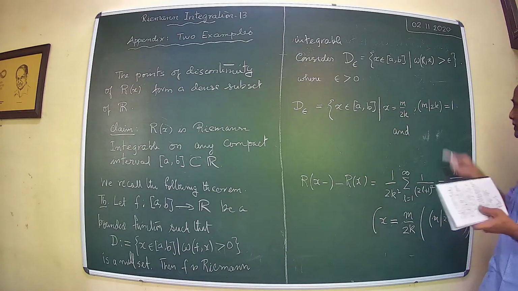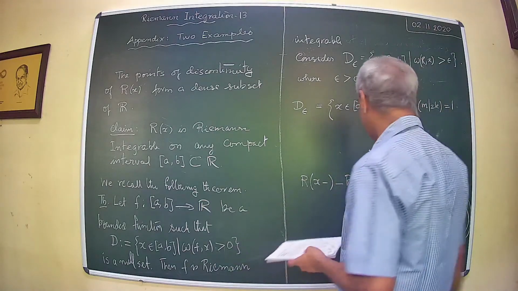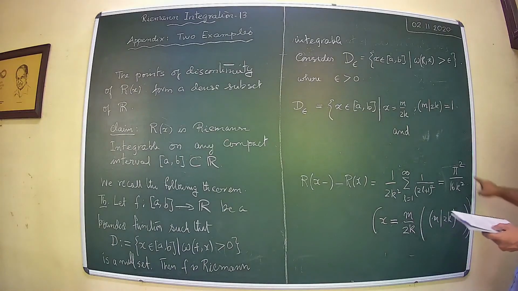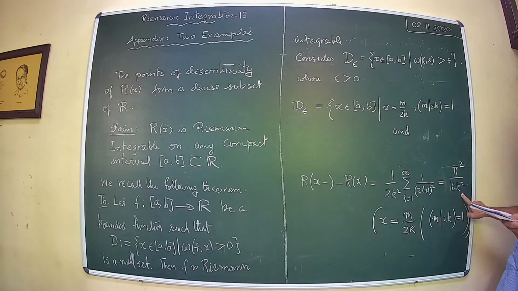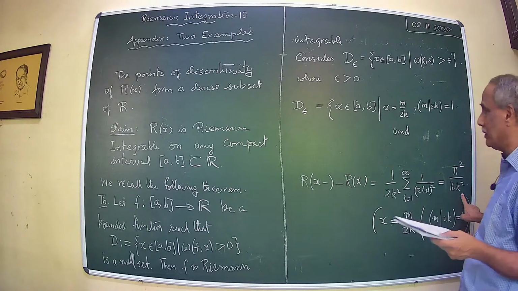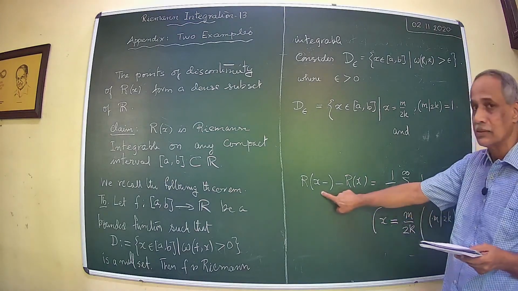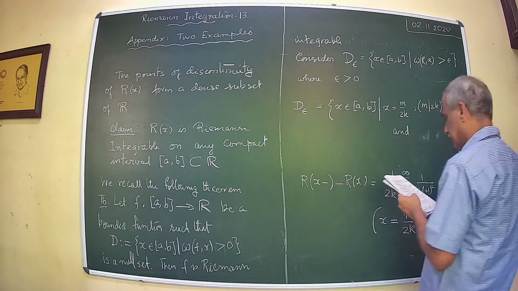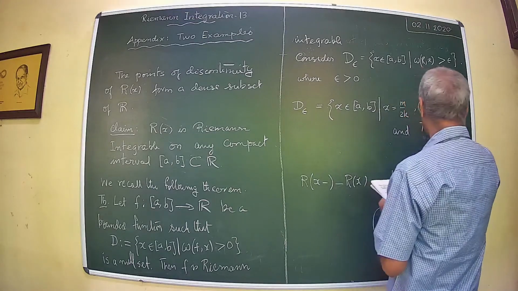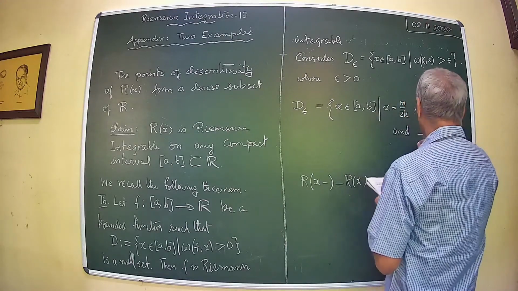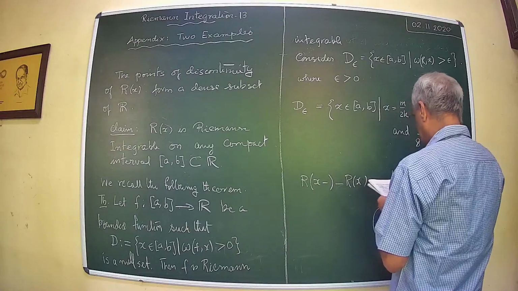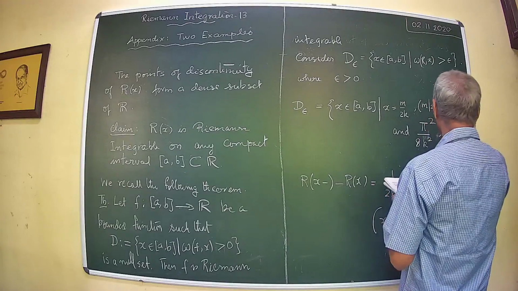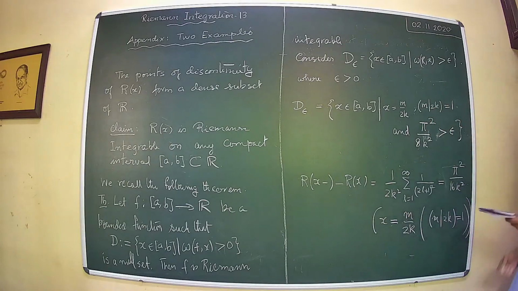We have already computed it: it is pi square by 16k square, and the difference between Rx plus and Rx minus is going to be twice this. Therefore the magnitude of the discontinuity at a point of discontinuity is pi square by 8k square, and this is greater than epsilon.